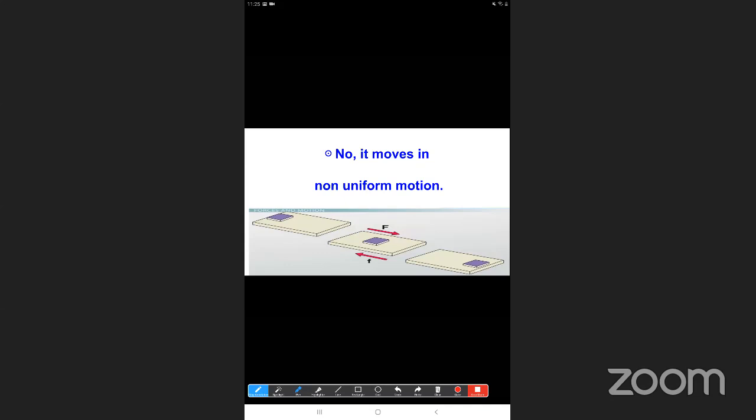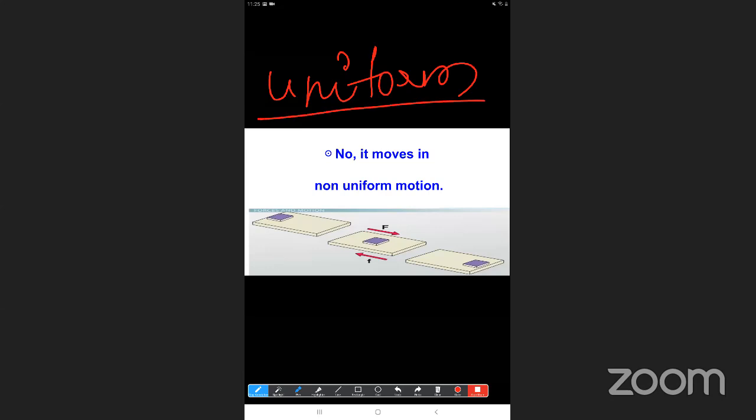Uniform motion means a change in distance with respect to time for the object. We can say that equal distance in equal intervals of time is known as uniform motion.